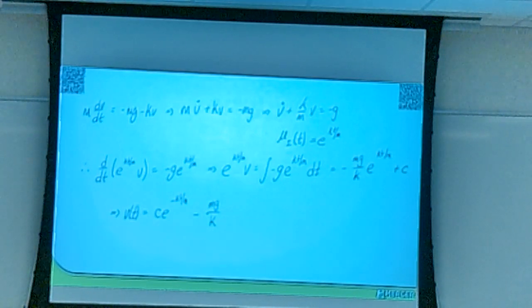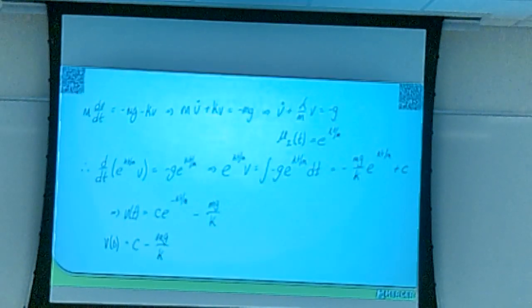Use the initial condition. V of 0 is v naught. V of 0 is C minus mg over k, right?